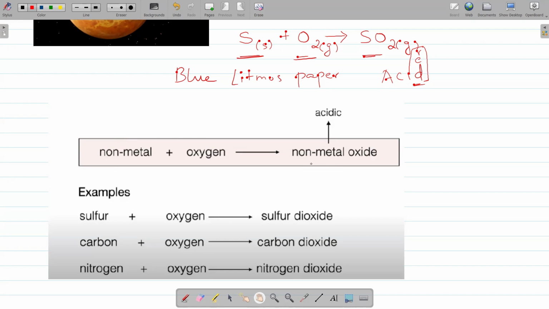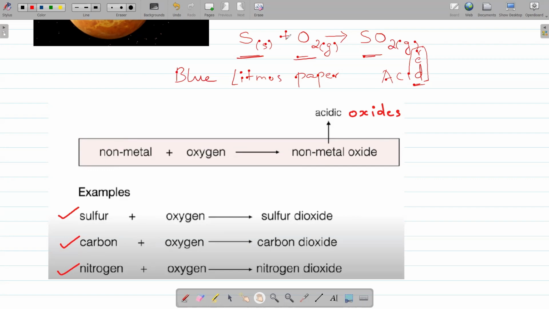And this nonmetal oxide, when dissolved in water, produces an acidic solution. So acidic oxides are oxides of nonmetals. Sulfur is a nonmetal, carbon is a nonmetal, nitrogen is a nonmetal. They are oxides of nonmetals that will react with bases and dissolve in water to produce acidic solutions. So these are acidic oxides.